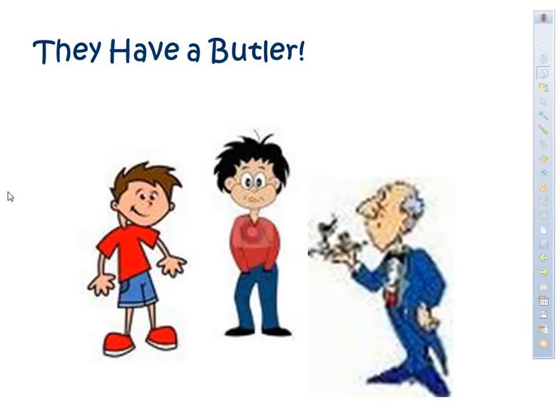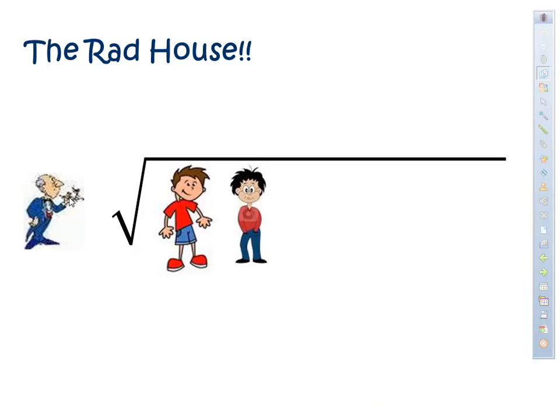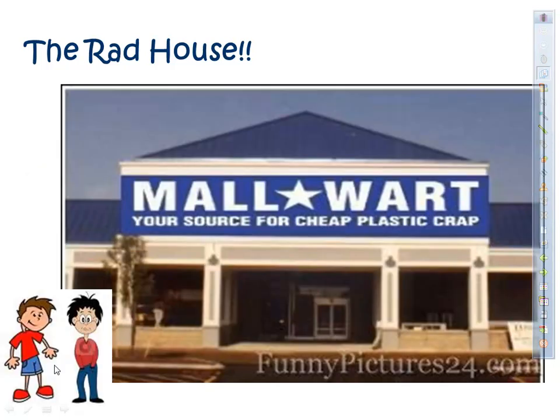They are rich, cool dudes, and they live in a rad house. The butler takes care of them, and it's the coolest place ever. Now, one day, they're playing video games all day, and they got kind of bored at home, so they decided to go to the mall.